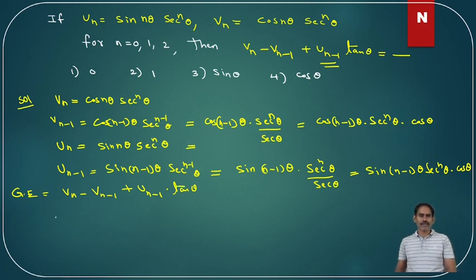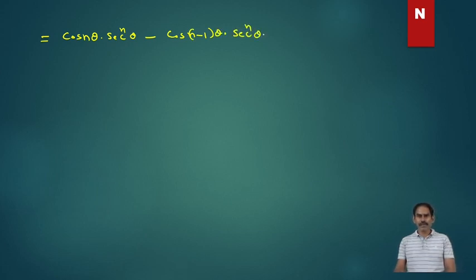Substitute here: Vn minus 1 I got as cos n minus 1 theta into secant power n theta into cos theta.